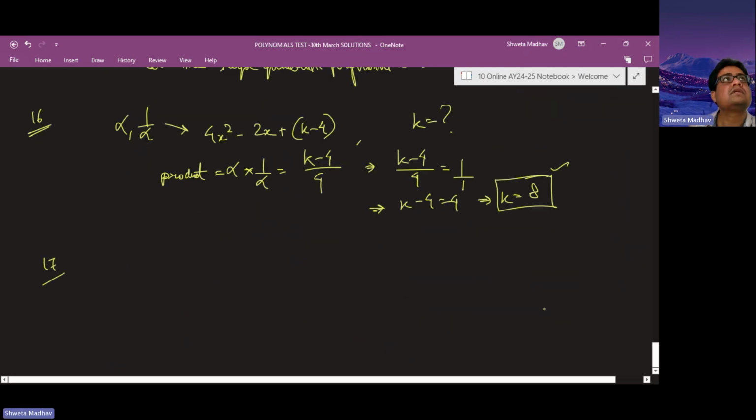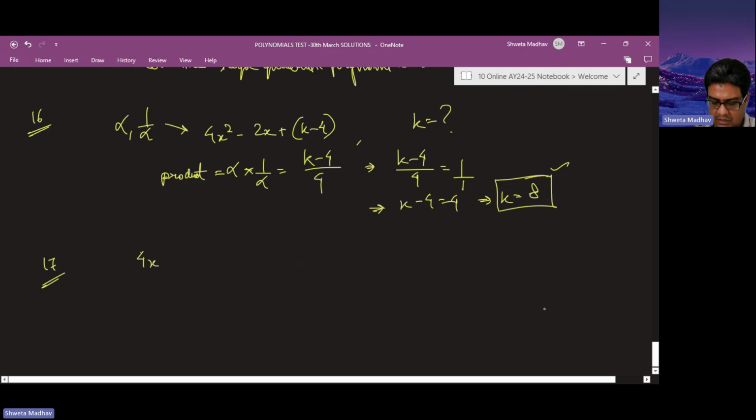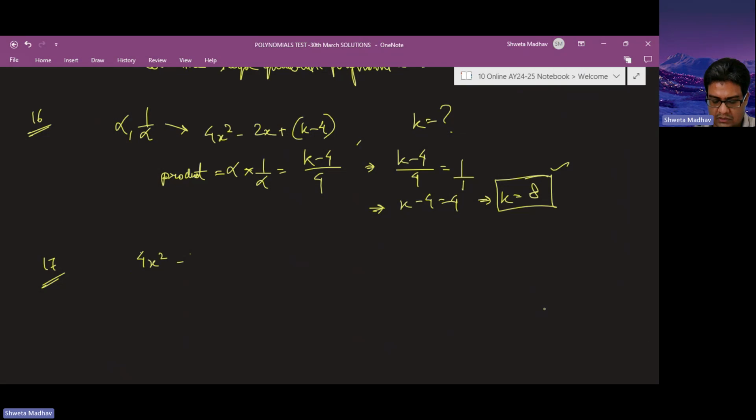Then in question number 17, it has been told that the sum and the product of the zeros of the polynomial are equal. So it means the quadratic polynomial, which is 4x square minus 27x plus 3k square. Now its zeros, I can say that is alpha and alpha, means the zeros are equal.